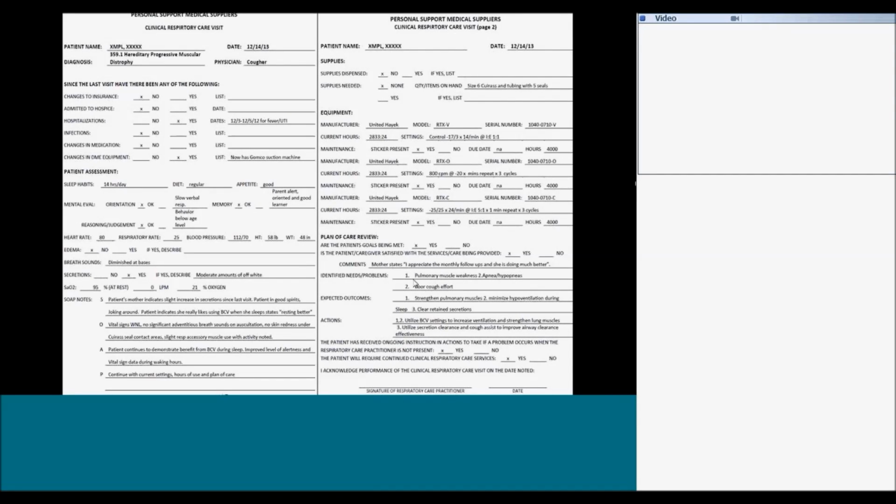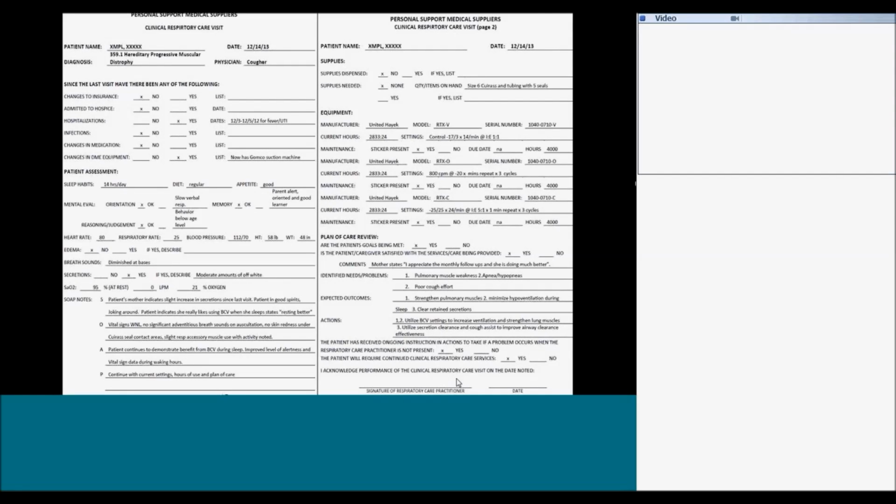And then our plan of care, this should say 3 right there, but our 1, 2, 3 problems, 1, 2, 3 goals, and 1, 2, 3 actions. And then actions to take in case problems occur when those respiratory practitioners are present, up to and including calling 911.